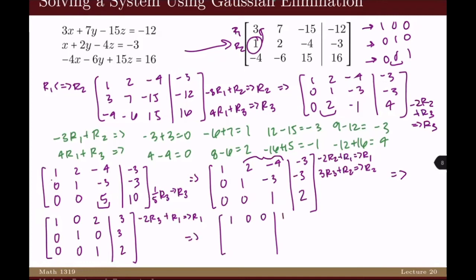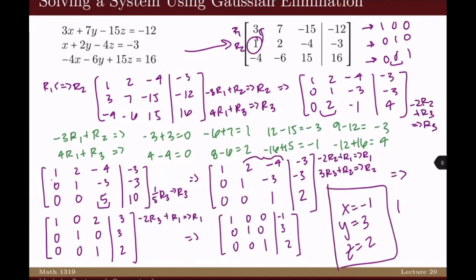And then 0, 1, 0, 3, and then 0, 0, 1 with a 2. So that means my solution is x equals -1, y equals 3, z equals 2. Or as a point, -1, 3, 2. All right, so my solution to the system of equations is -1, 3, 2.